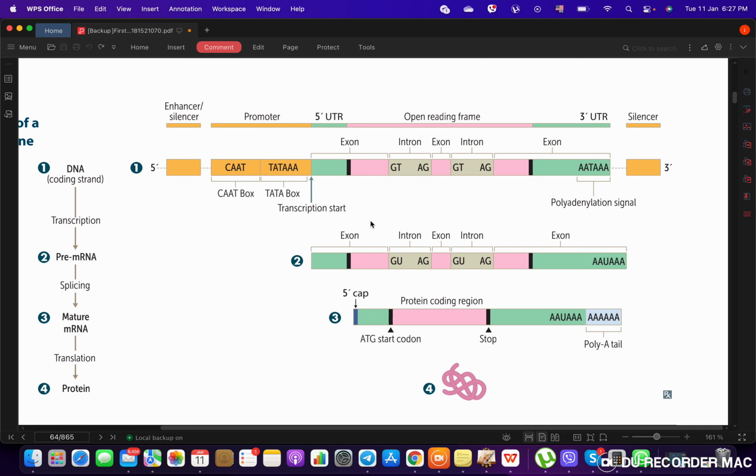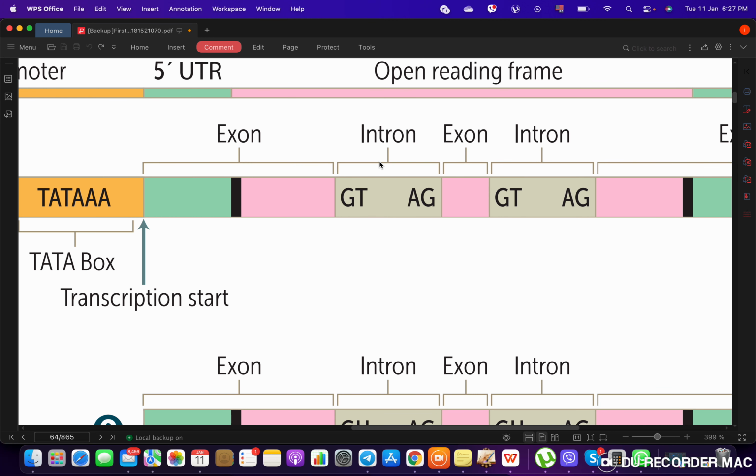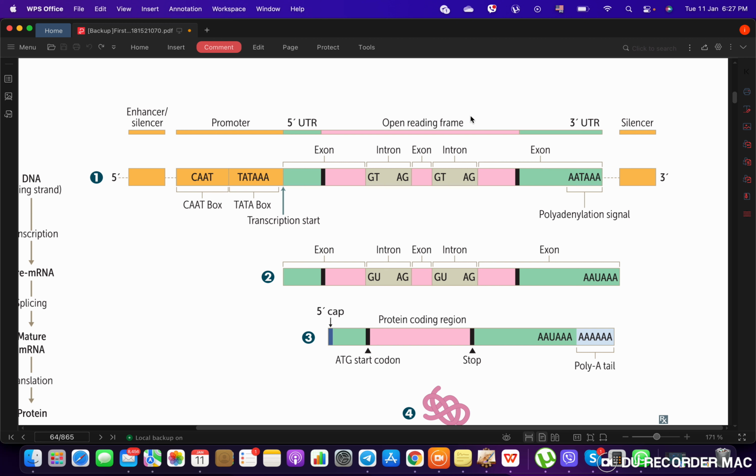Okay, so look what we have to do with this. First of all, there is something called exons and something called introns. Guys, the exons and the introns. Let's say, just for the sake of letting you know, we have the following sequence: exon 1, exon 2, exon 3.